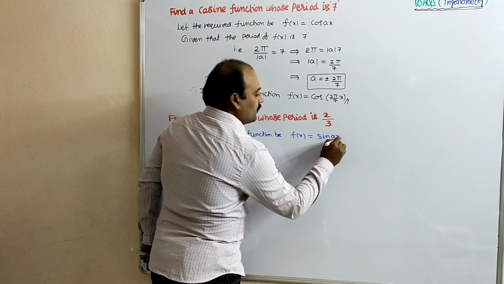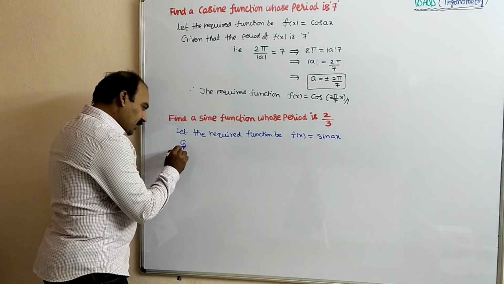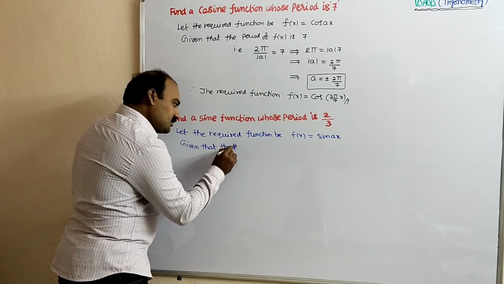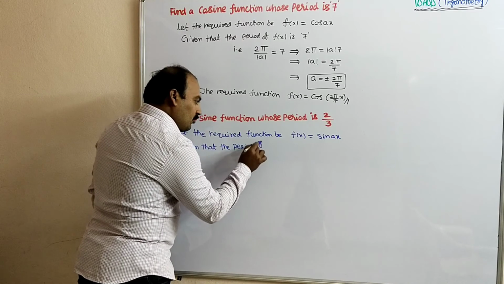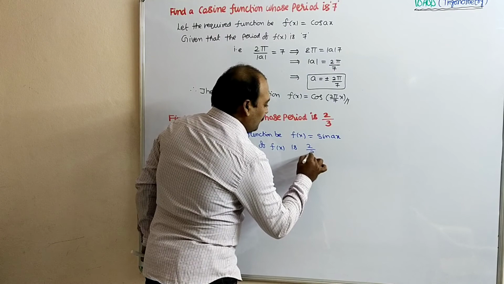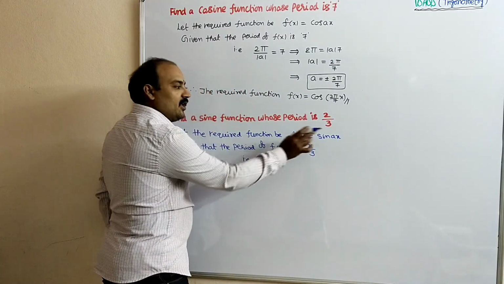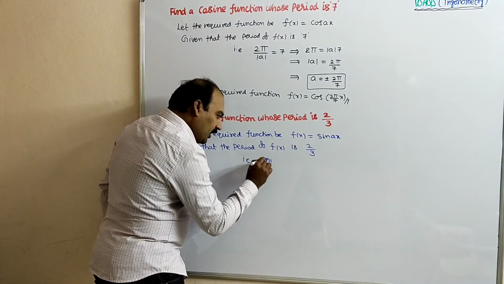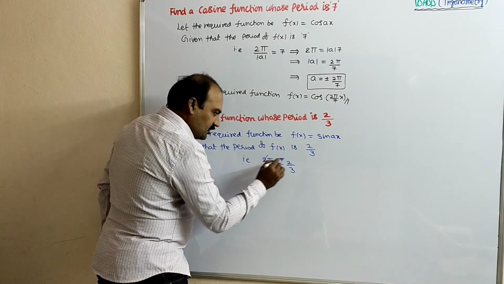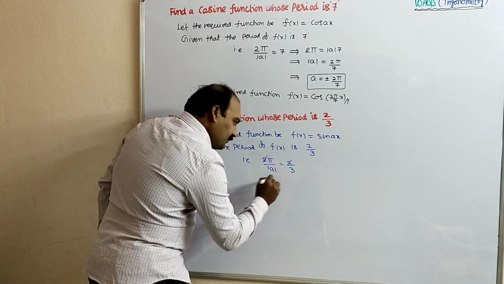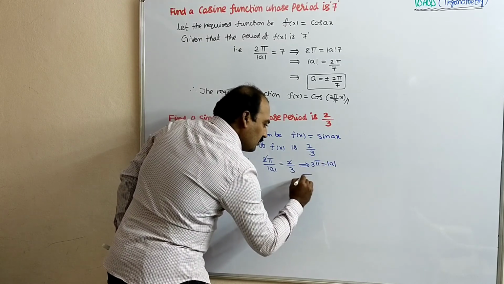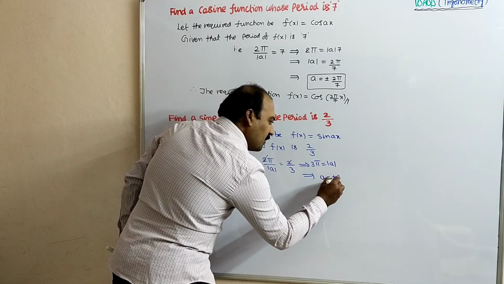So given that the period of f of x is 2 by 3. That is, what is the period of sin ax? 2 pi by mod a, which is equal to 2 by 3. So on both sides 2 gets cancelled, cross multiply, you will get 3 pi equal to mod a. So that implies that a equal to plus or minus 3 pi.